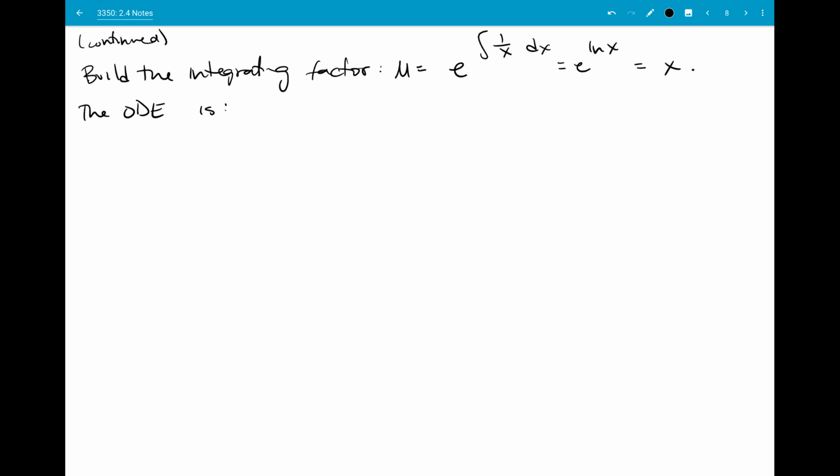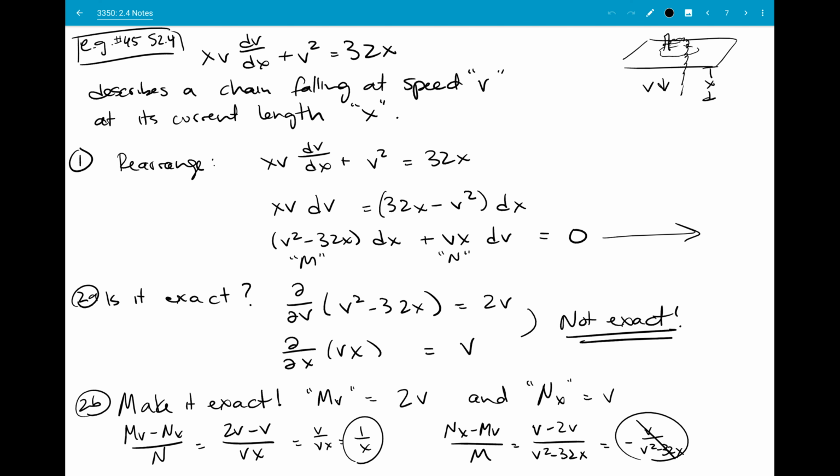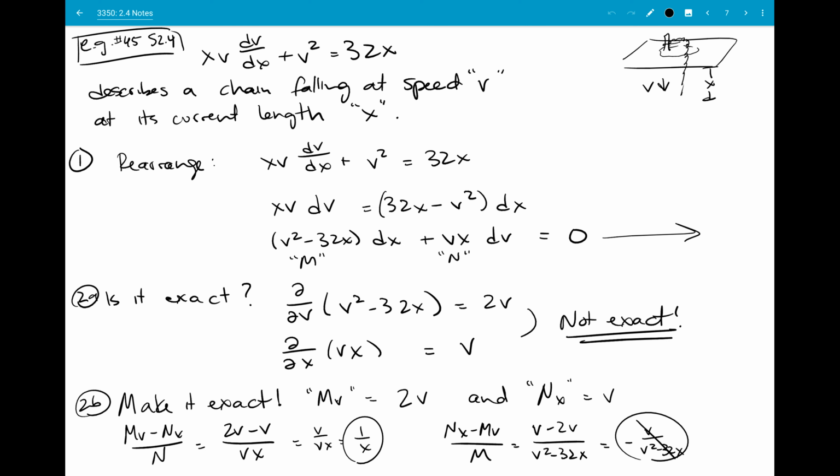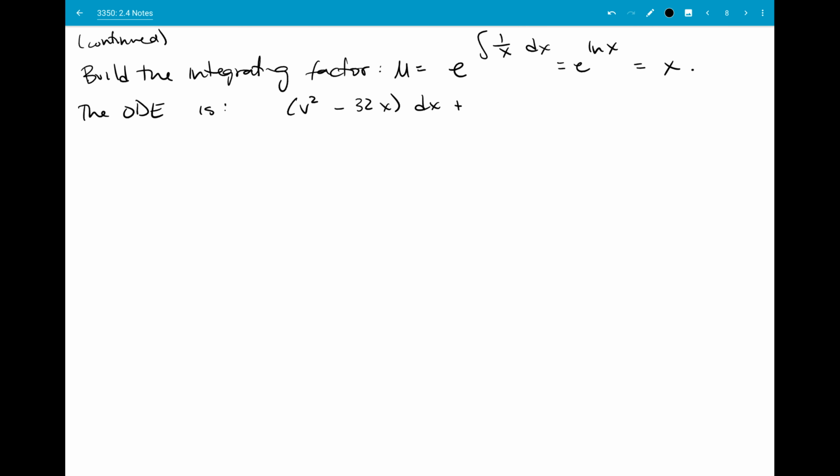And so the ODE can be written as we just take this v squared minus 32x dx plus vx dv, and we multiply everything through by x. We've got x times v squared minus 32x dx plus vx squared dv is equal to v times 0.